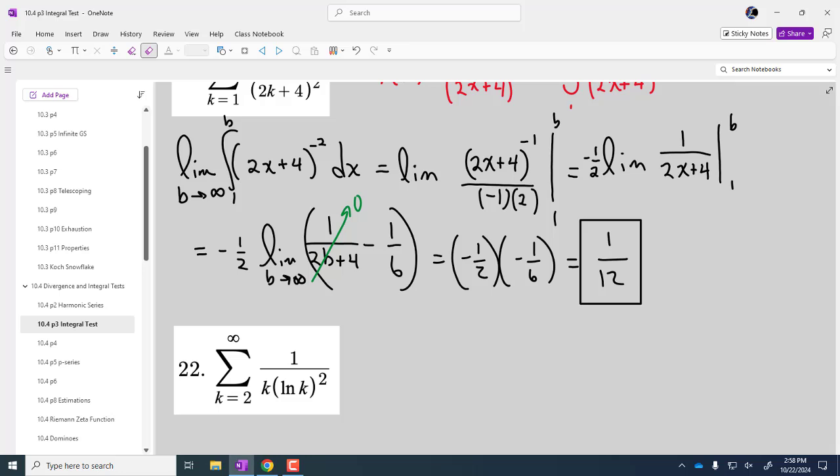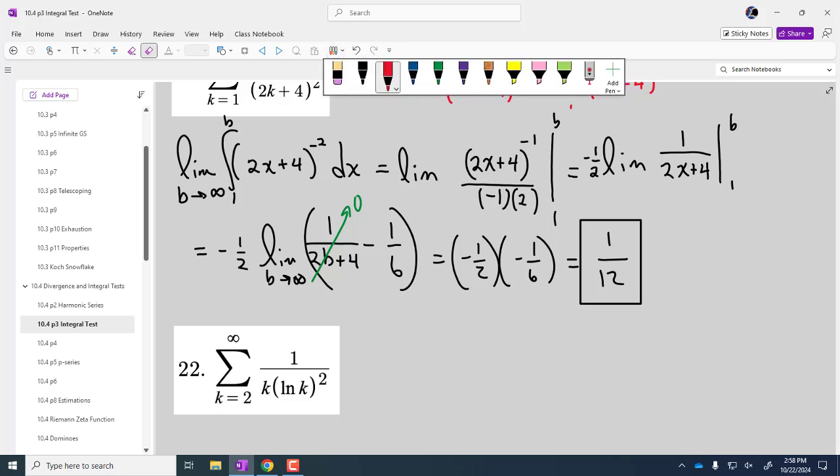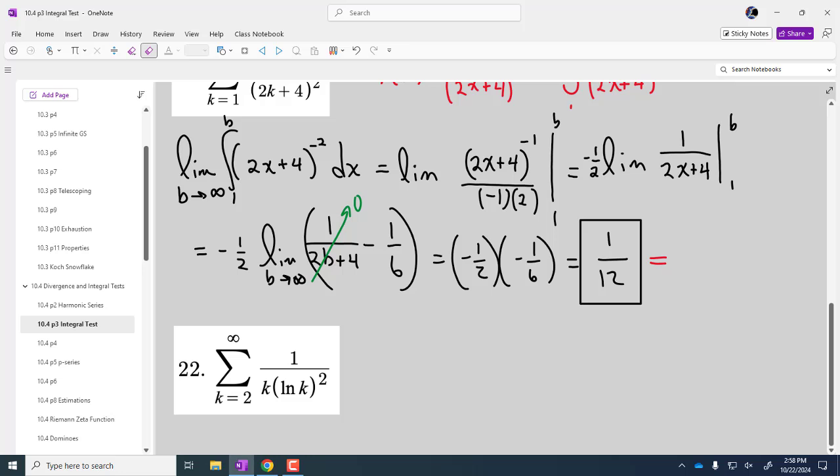Okay, so let me just finish this off. It doesn't matter that this is not 0. This is a positive real number, which means the integral converges. This epsilon is used in set notation to mean is an element of the positive reals, which means it converges.